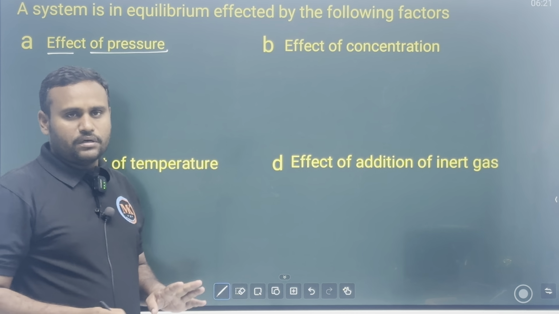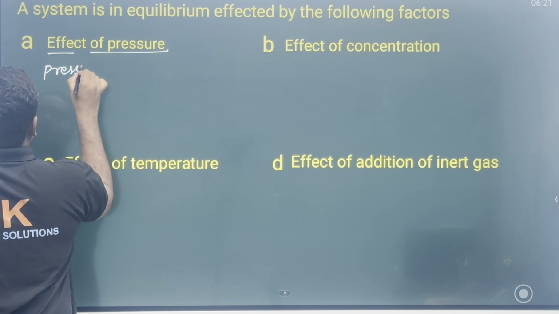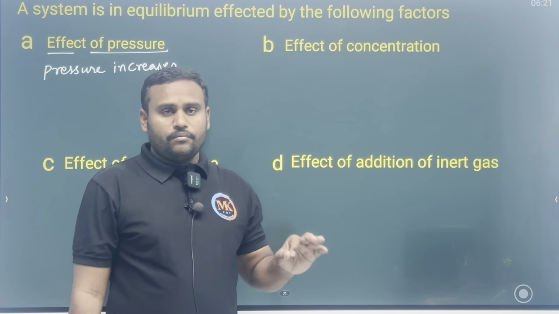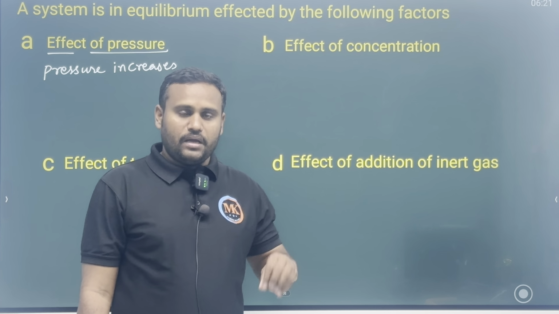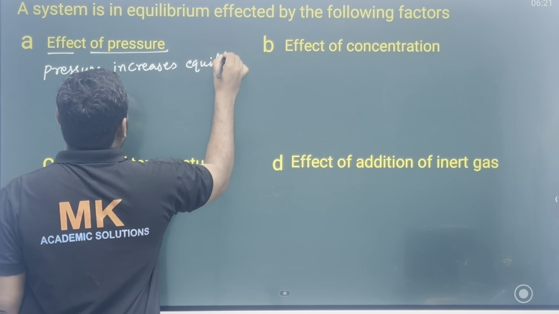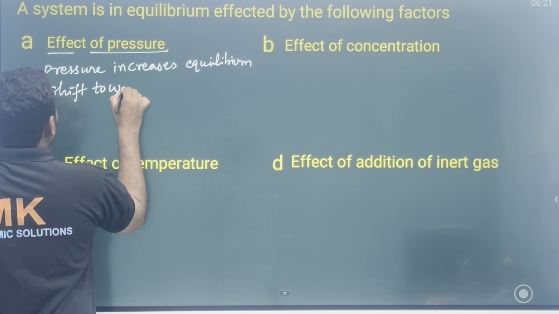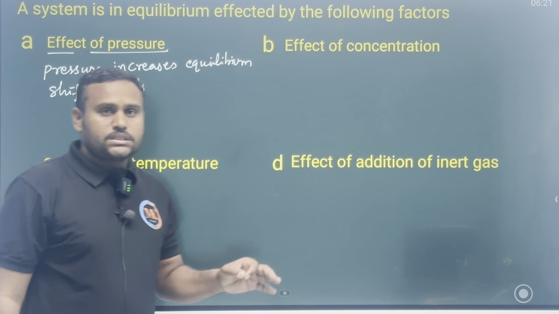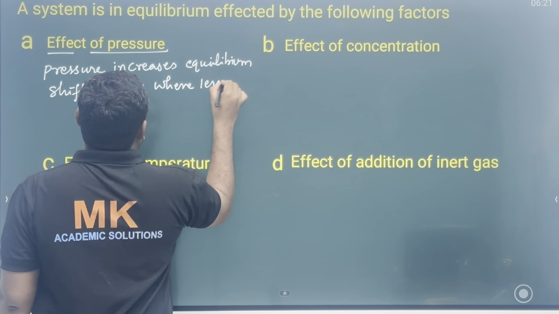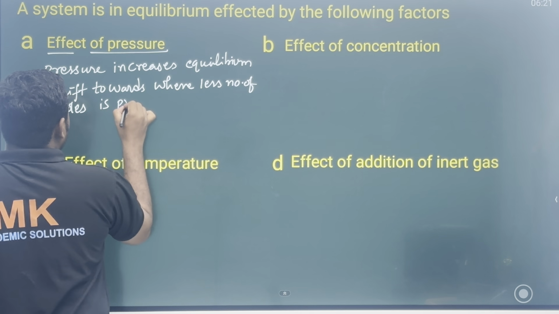Simply remember, children, no need to go into the equations. When pressure increases, the equilibrium shifts towards the side where the number of moles is less, either the reactant side or the product side.